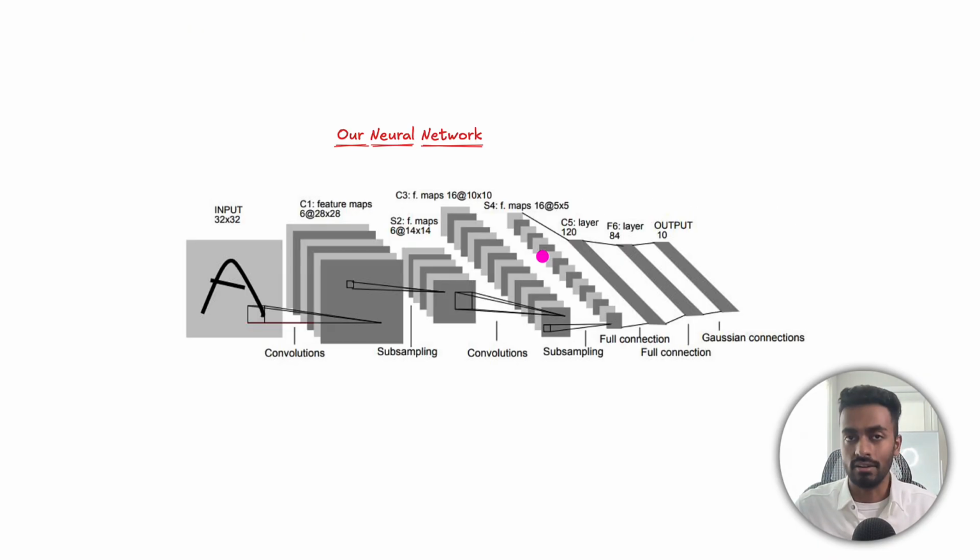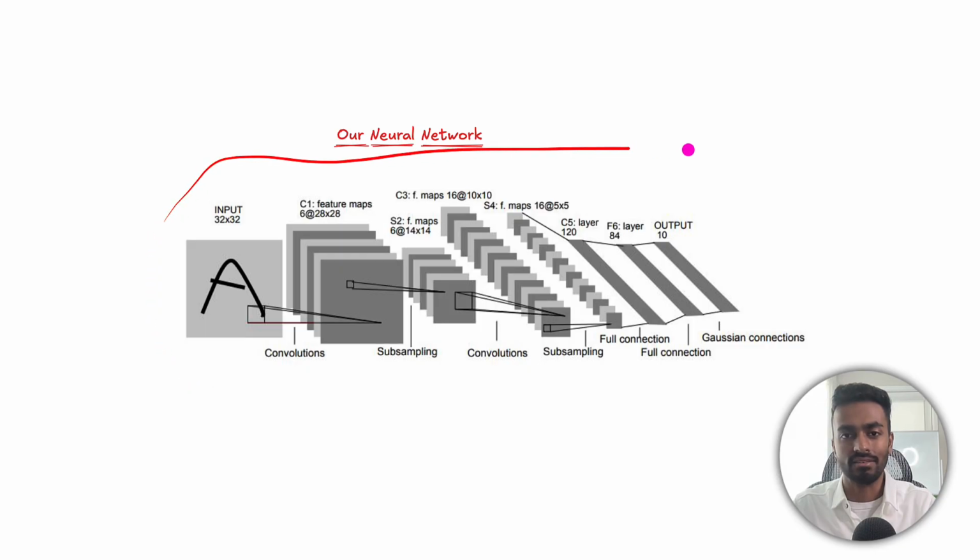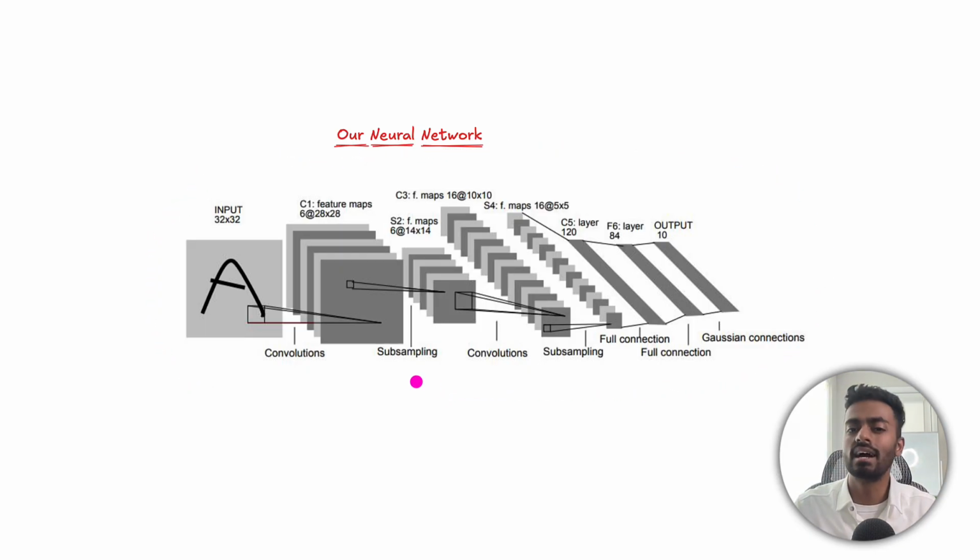Now, for our current neural network, we are going to work with one of these LeNet-looking architectures. This is an architecture devised from 1989 to 1998. There was a series of architectures from LeNet-1 to LeNet-5 where it has an input image, and a series of convolution layers, activation layers, some pooling layers, which is subsampling here.